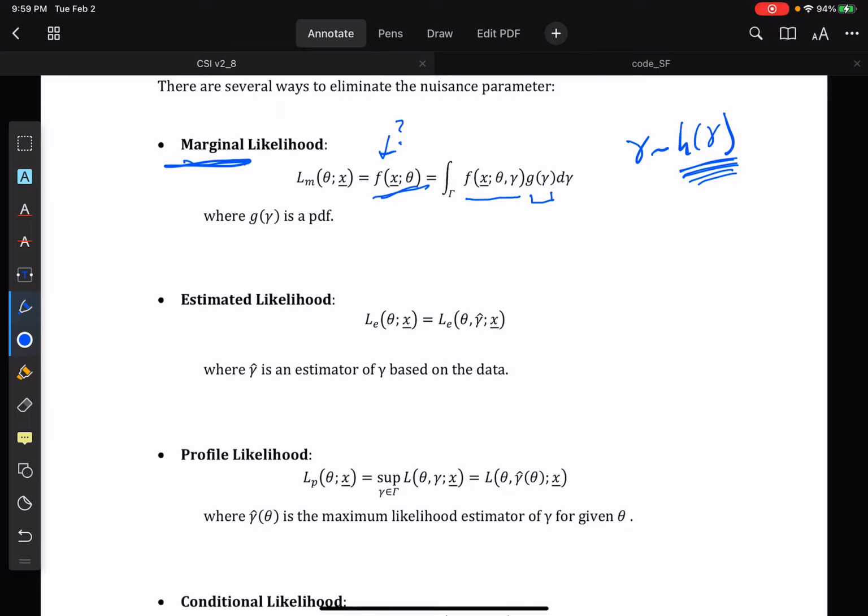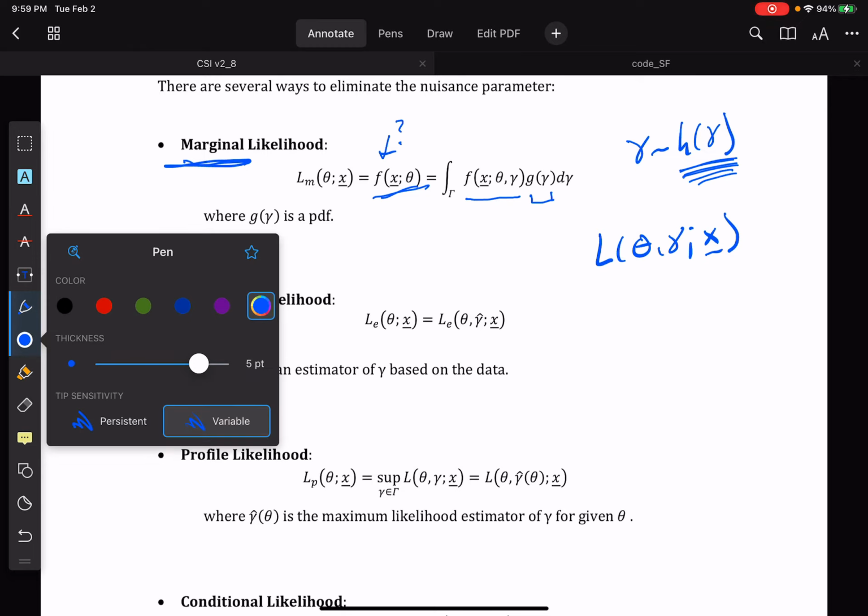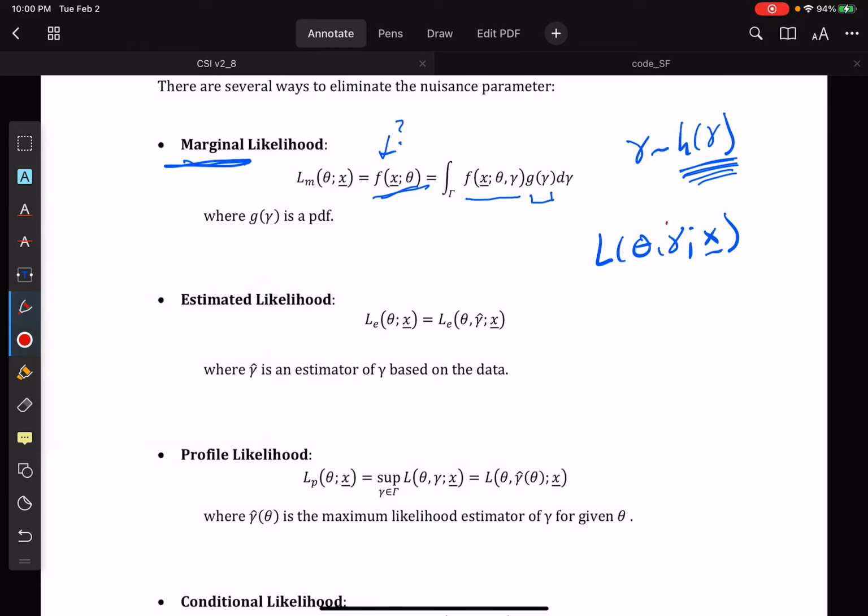And so here, don't forget our likelihood, right, given all the data. Now what I've done is I've just added the hat here, so I'll make that a guess.